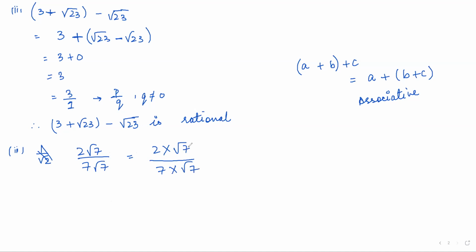So under root 7 will cancel out, and you are left with 2 by 7 only. Is that clear? So this is of the form P by Q, where Q is not equal to 0. So therefore, 2 under root 7 divided by 7 under root 7 is rational.